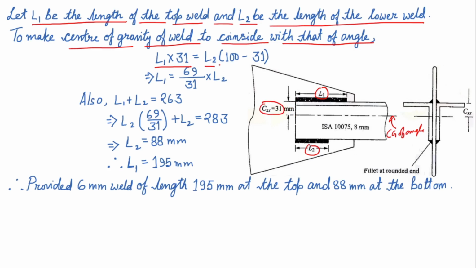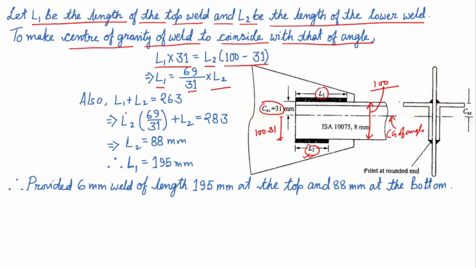Then again L2 into 100 minus 31. So this is the L2 at the bottom and it is at a distance of 100 minus 31 because the total length of the angle is 100. So if I solve this equation, L1 is equal to 69 by 31 into L2.